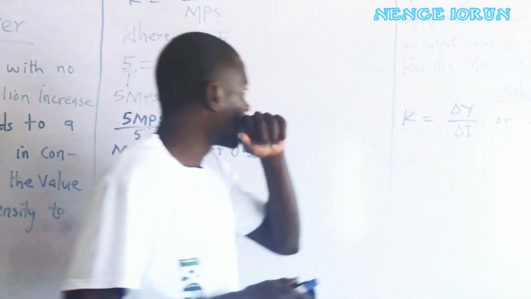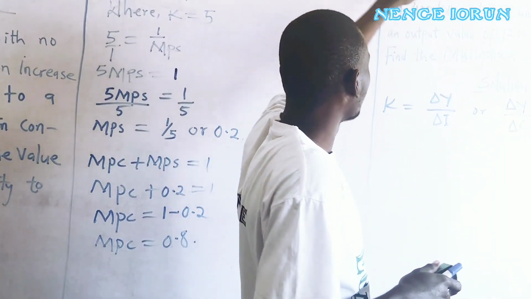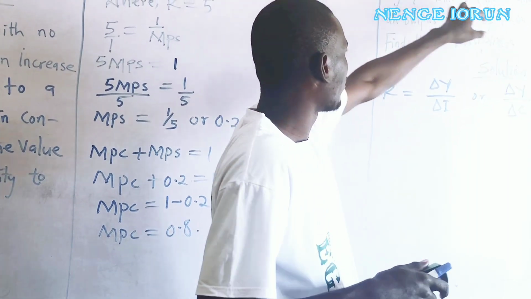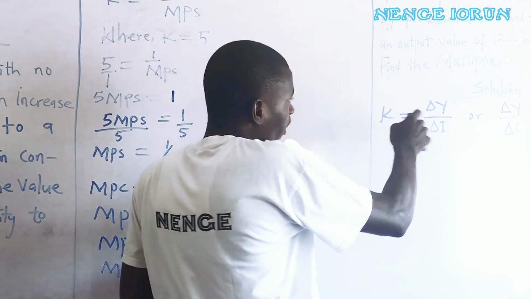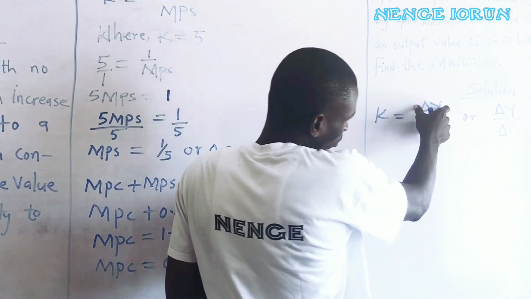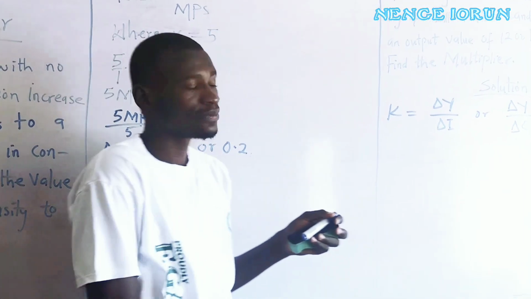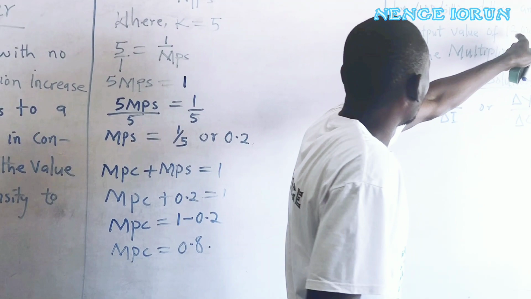So now in this question, investment increases by $400 billion, and this causes an output value of $1,200 billion. The change in national income, which is the same as the output value, is $1,200 billion.